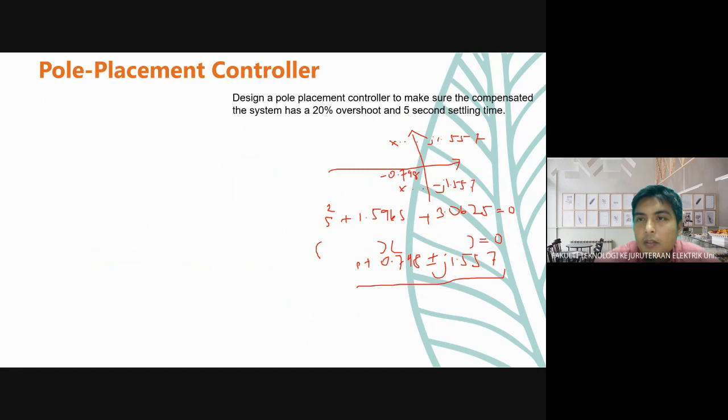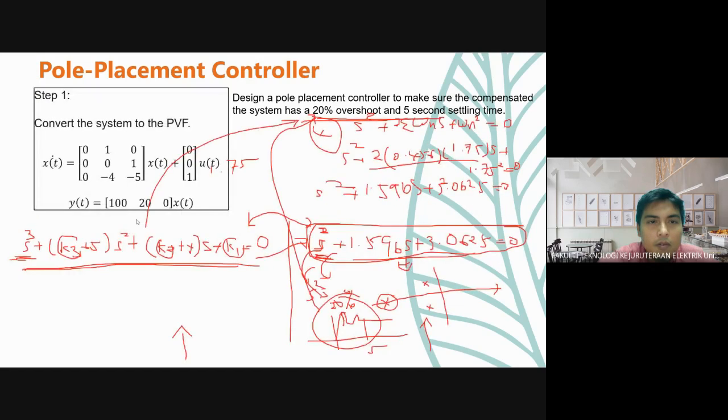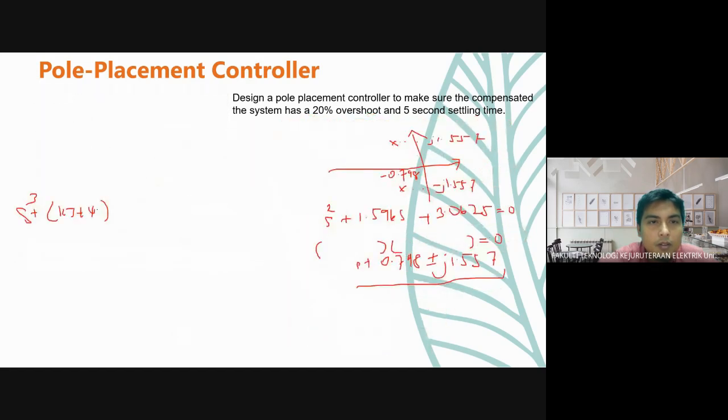Okay, because this thing is s cubed plus (a3 plus 5) s squared plus (K2 plus 4) s plus K1 equal to 0. So we need to add another pole here in order to make sure it becomes s power of 3.